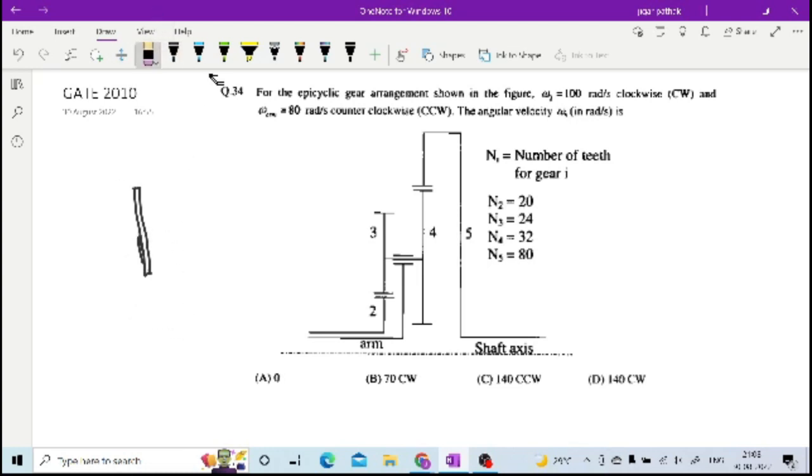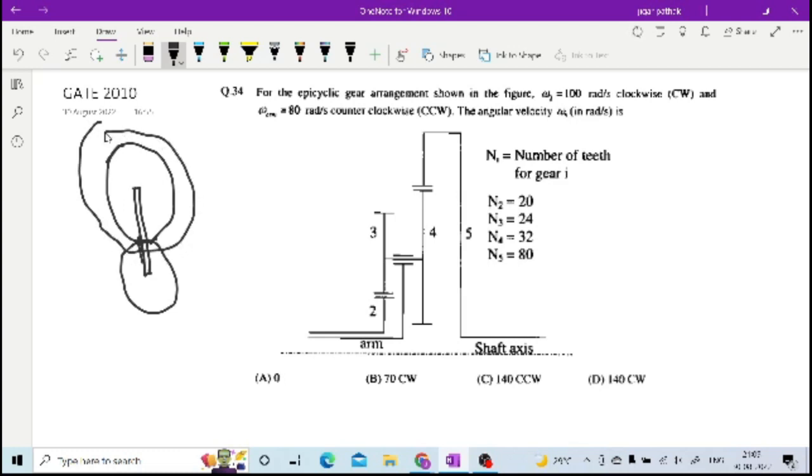If you consider this as your gear 2, then it is in mesh with gear 3, and you have one more gear 4 on the same shaft as 3.